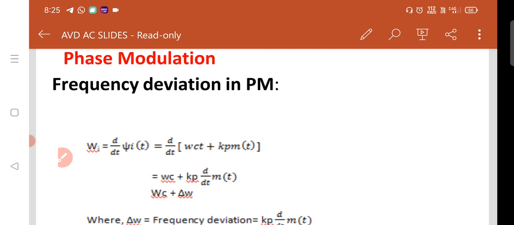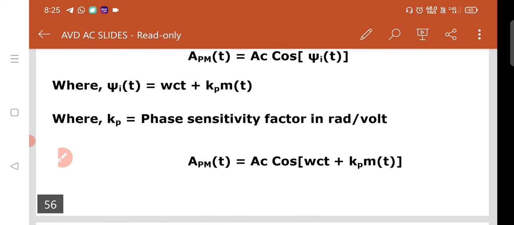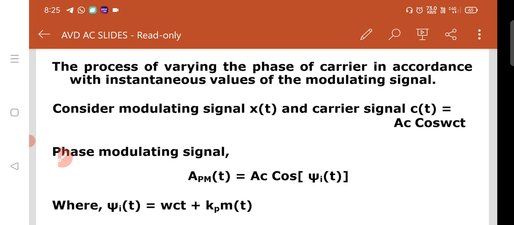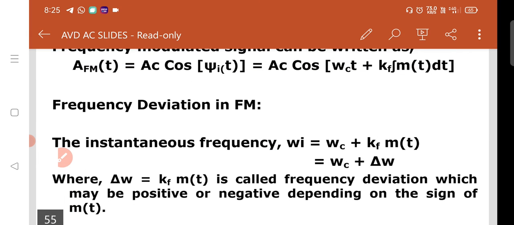What exactly happens in the output wave of frequency modulation is completely reversed in phase modulation. Remember this about phase modulation. So we completely discussed FM. Whatever it is, the frequency deviation occurs in both modulations, and that we consider as angle modulation. Thank you.